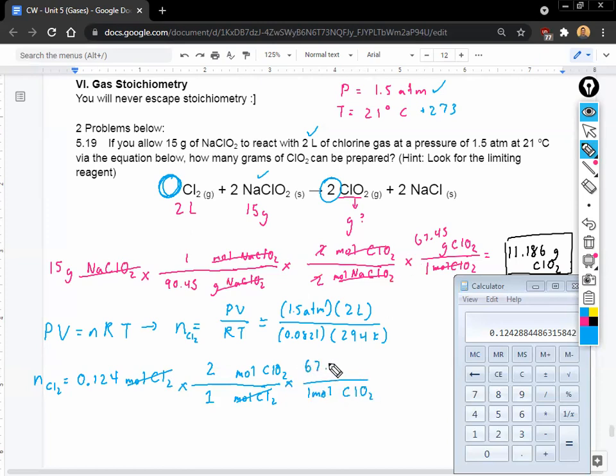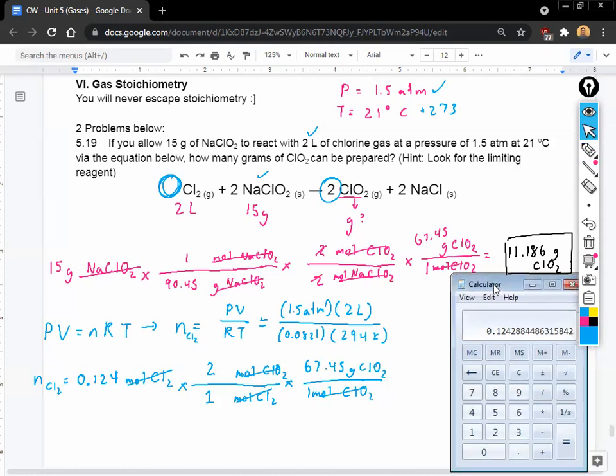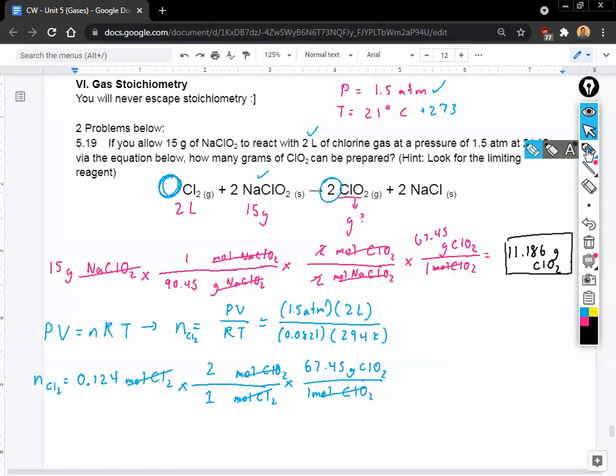We got that earlier, 67.45 grams of ClO2, and moles cancel out. And bada bing, bada boom, we have the way to find the grams. So we're going to do 0.124 times 2 times 67.45, and there we go. We get 16.728.